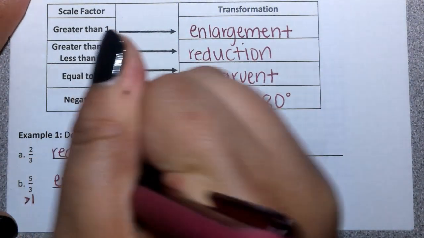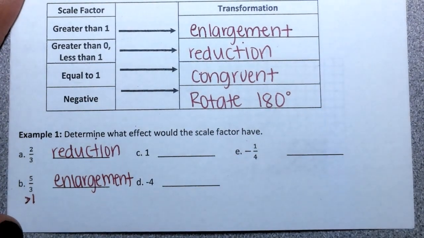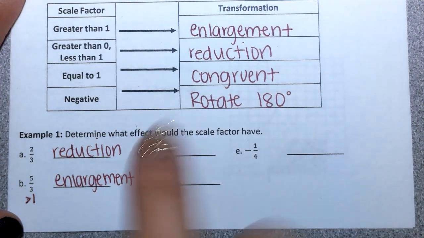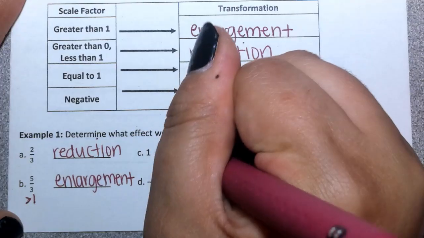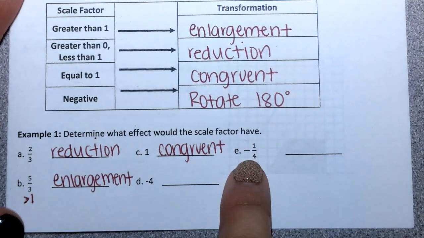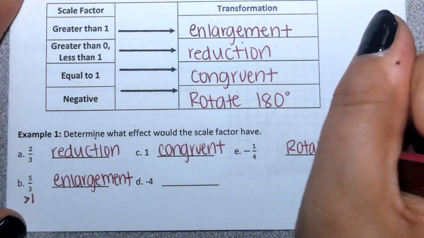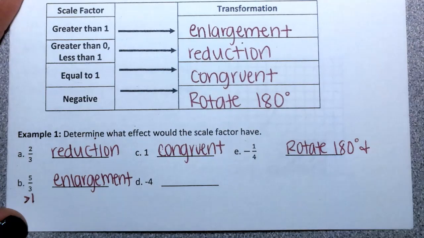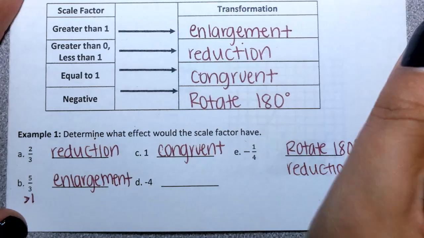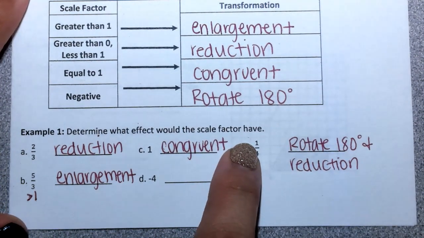So this is an enlargement. Be careful and don't assume just because it's a fraction that it is going to be a reduction. What about 1? Congruent. And finally, -1/4. It is going to rotate 180 degrees and what else? I think you said reduction. So the negative rotates it, the 1/4 shrinks it.